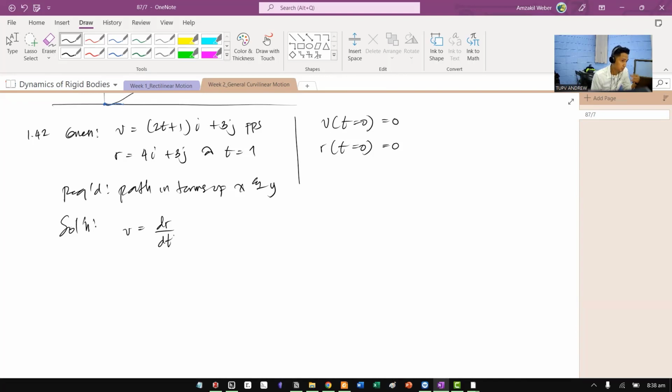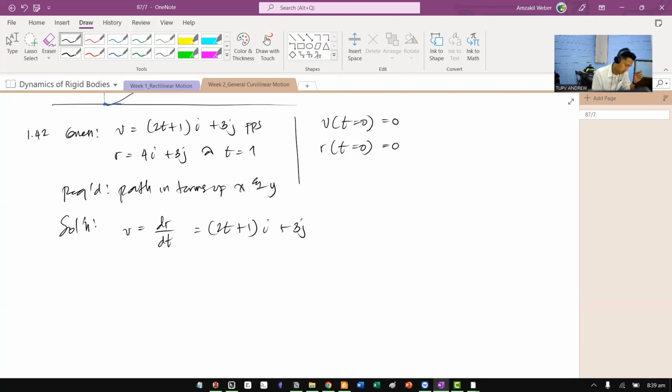R is of course composed of x and y and z, but in this case, x and y lang. So this is velocity, and according to the given, it is equal to (2t + 1)i + 3j. Correct? We equate the expression to the other expression, which is dr/dt, so that we can integrate.